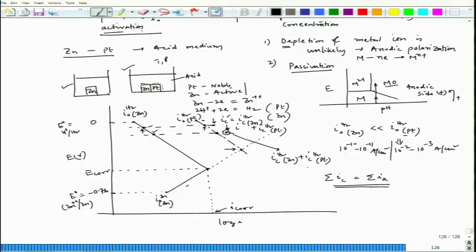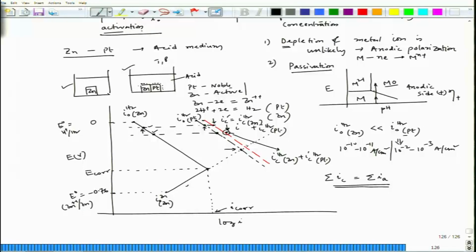Now if we add up and connect them, we will see that the added part would follow the red line.